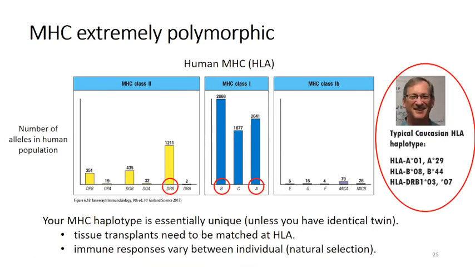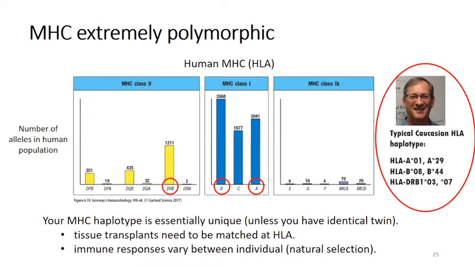What you do is you inherit one of each, one from each parent. So a typical individual has HLA-A, B, and C, and DR beta chains 3 and 7.